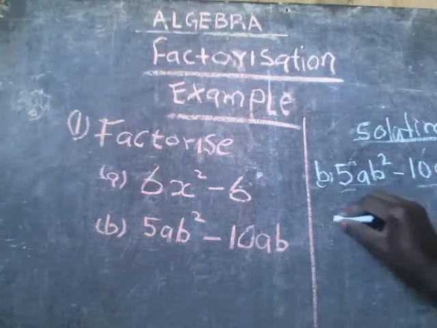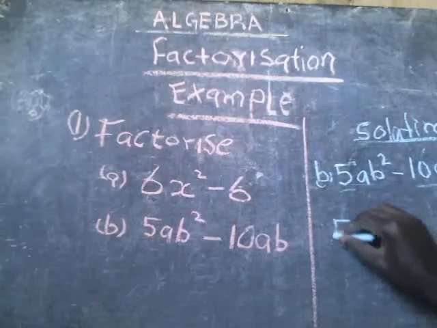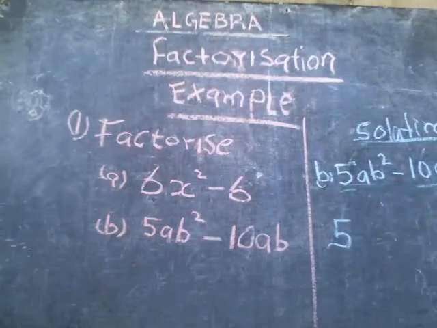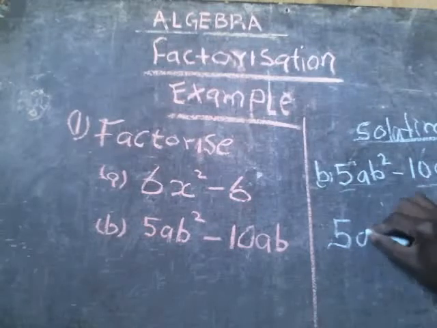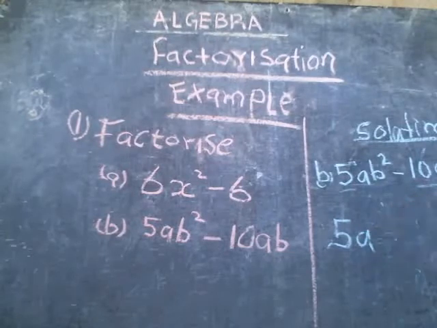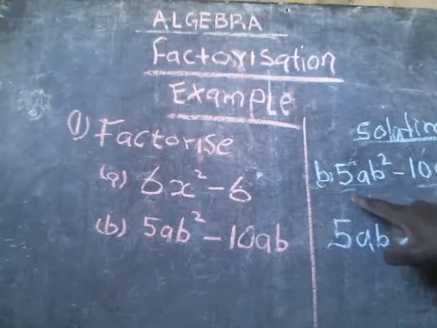We have a 5. 5 is common. What letters are common? A is common, and b is also common. Why are we saying it's common? Because it's found both there and there.